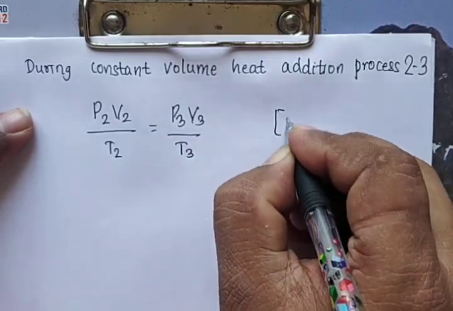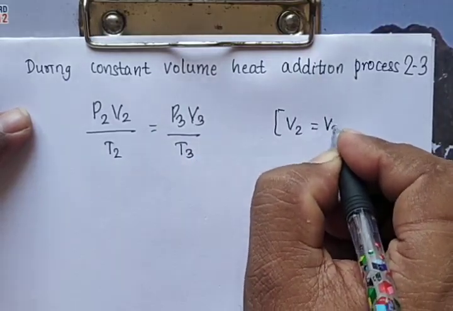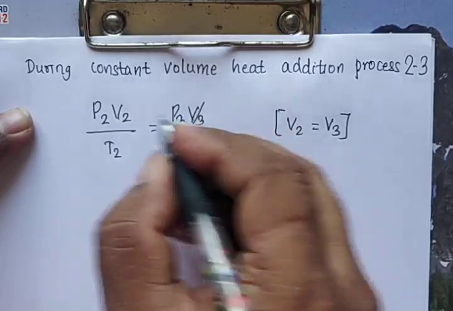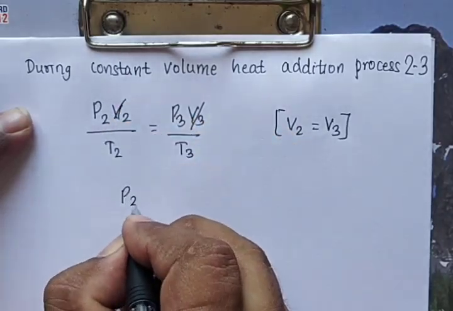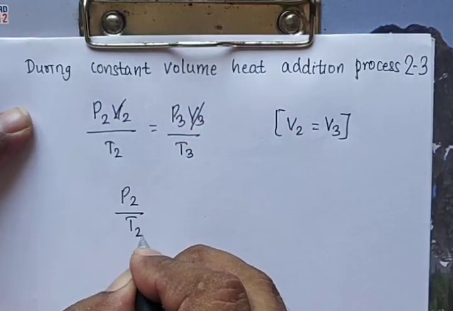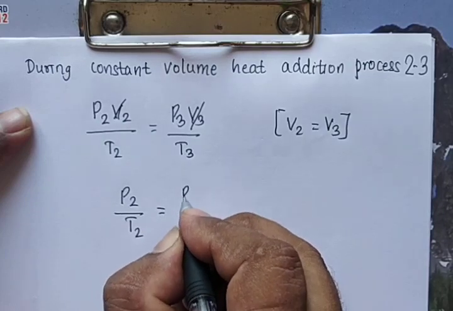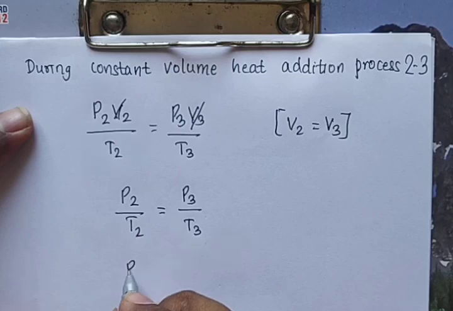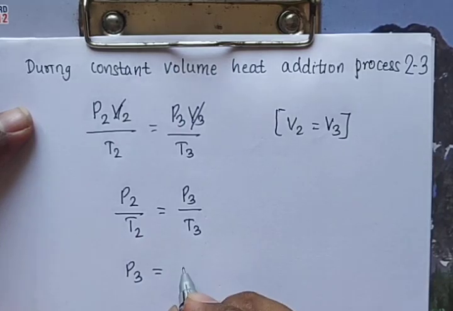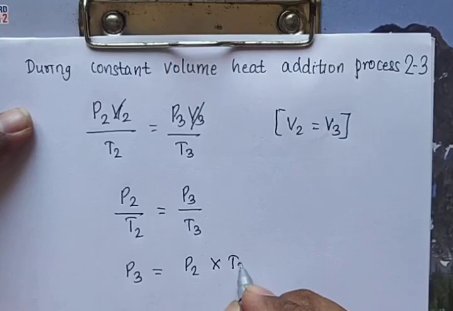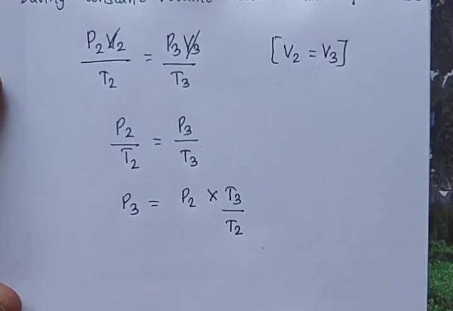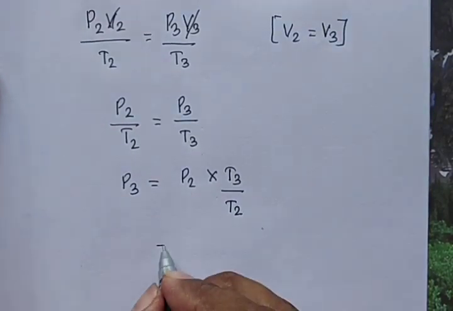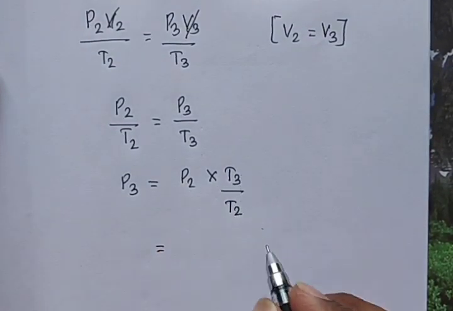Since V2 and V3 are same because heat is added at constant volume, I can write the relationship as P2 by T2 will be equal to P3 by T3. That is, I want the value of P3. P3 will be equal to P2 into T3 by T2.